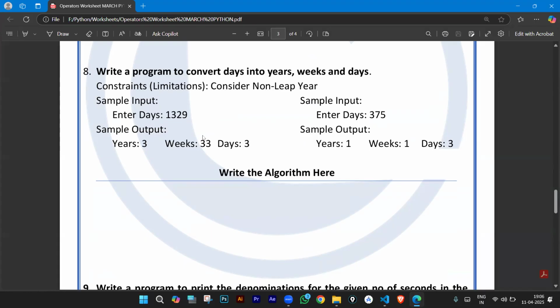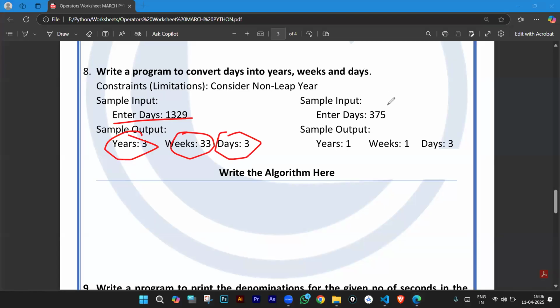We need to write a program to convert the given number of days into years, weeks, and days. What do we have to do? We need to convert the given number of days into years, weeks, and days. The user will give us some number, as you can see in the sample input here. They are entering the number of days and we need to split that into years, weeks, and days.